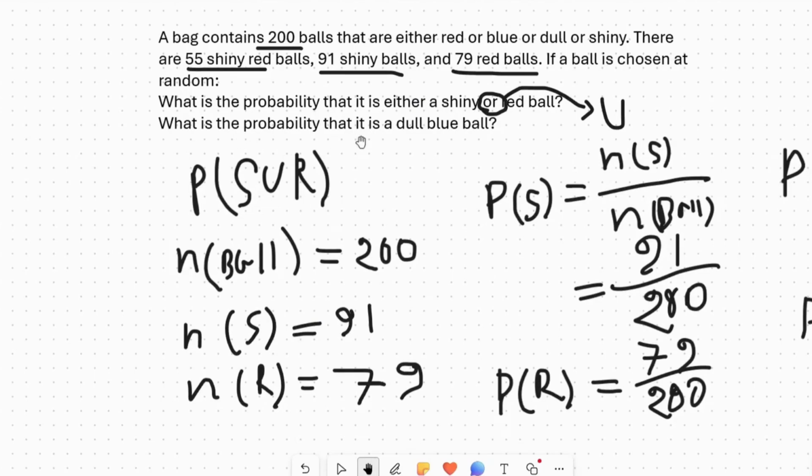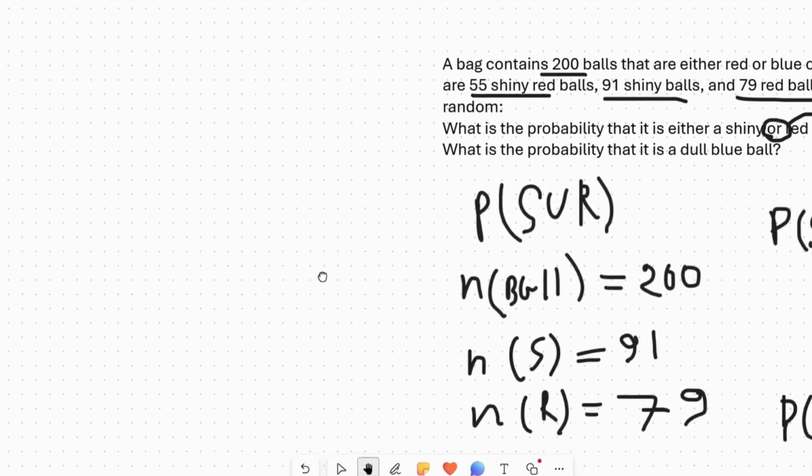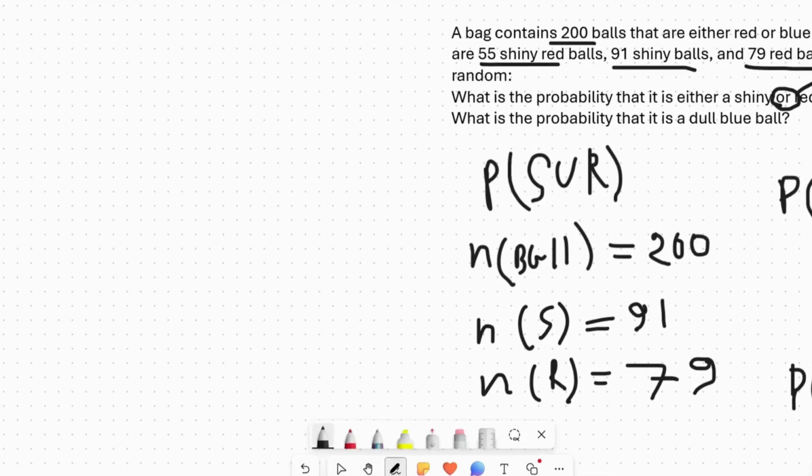What is the probability that it is a dull and blue? So here we find dull and blue. We have to find dull blue. It means this ball must be dull and blue.